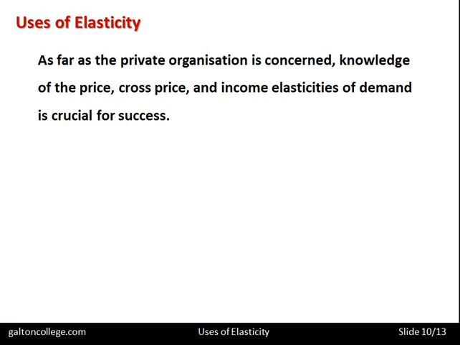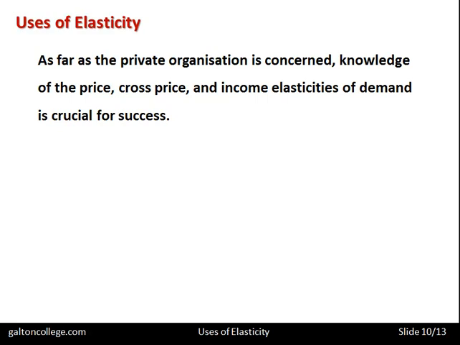So the price of petrol has increased, causing a demand for diesel cars to increase, because people switch away from petrol to diesel. This happens a lot in our lives. We're constantly looking for substitutes if we can.